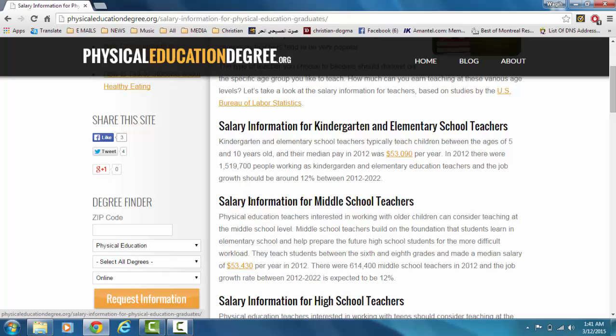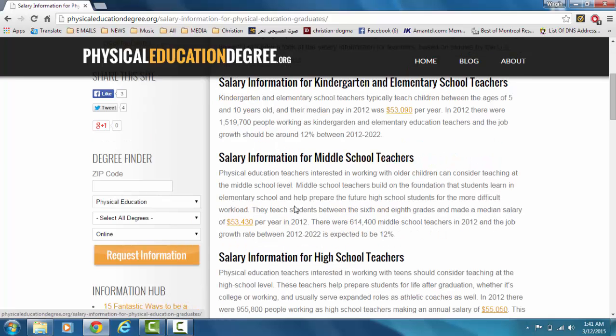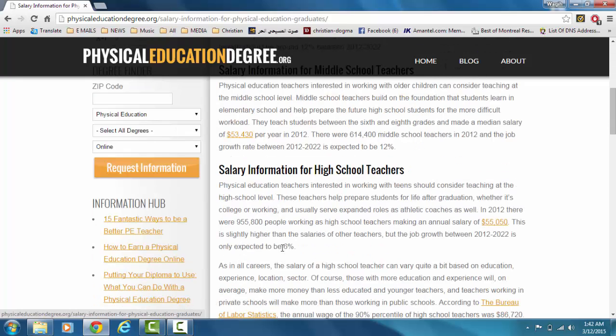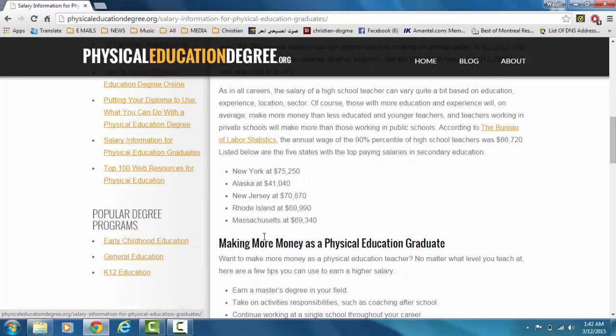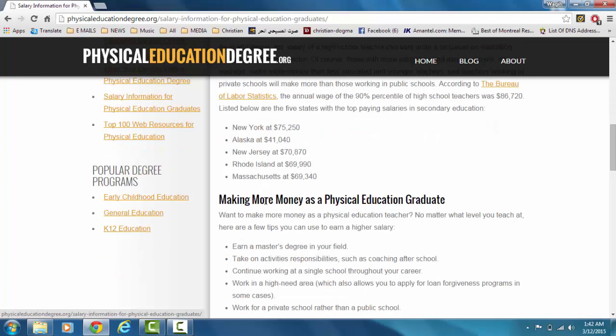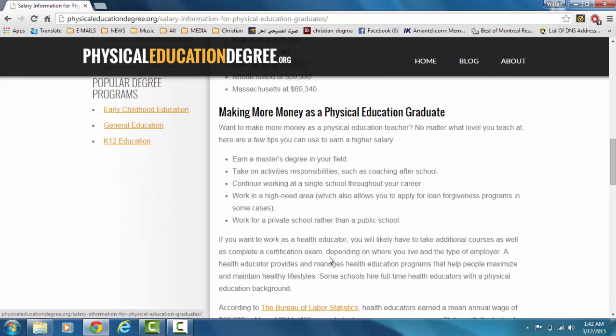It also shows you the salary information for middle school teachers, and finally it shows you the salary information for high school teachers. And it also shows you a tip where you can make more money as a physical education teacher by earning a master's degree, for example, or taking on activities and responsibilities such as coaching after school.